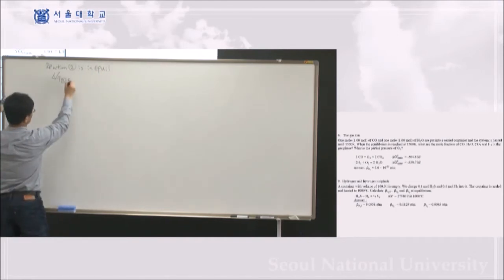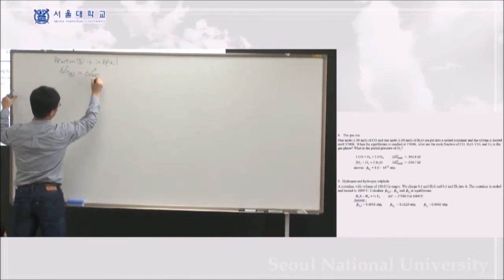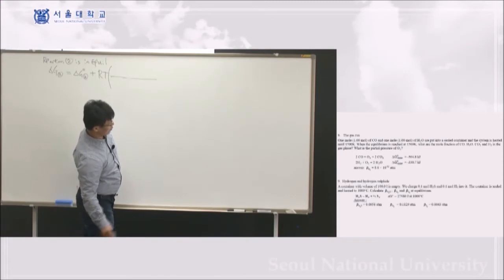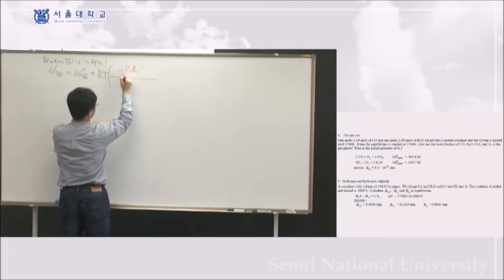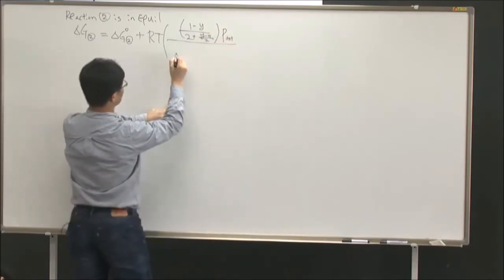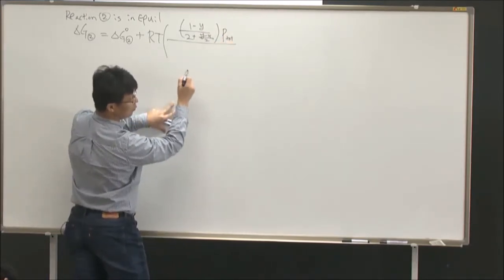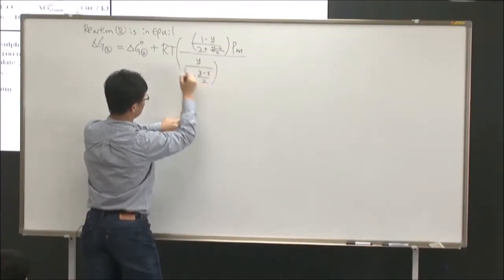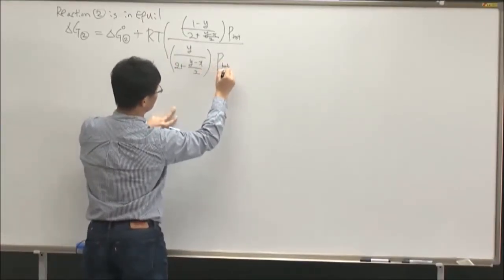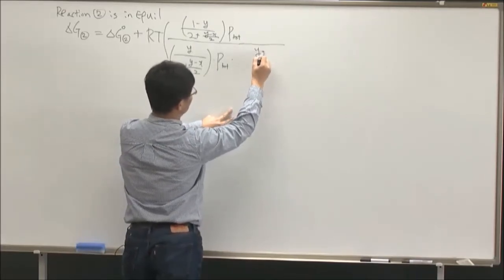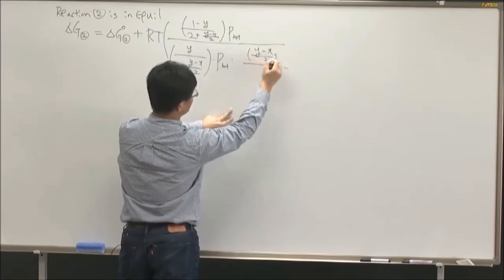If you want to set up in this way, it's the same thing: delta G naught 2 plus RT, H2O, so 1 minus Y, and then this is Y, times also partial pressure H2O, so Y minus X over 2.